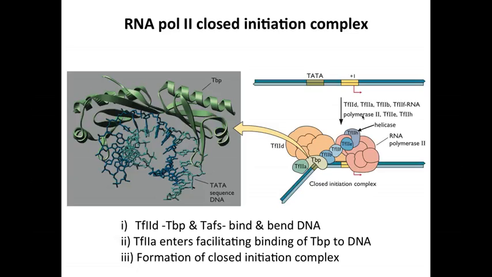And there are many of these that come in along with RNA polymerase II to form this closed initiation complex on the core promoter. And you can see that this formation is causing a bend in the DNA. And in fact, the binding of these proteins to the DNA is thought to cause this bend and form the closed initiation complex.